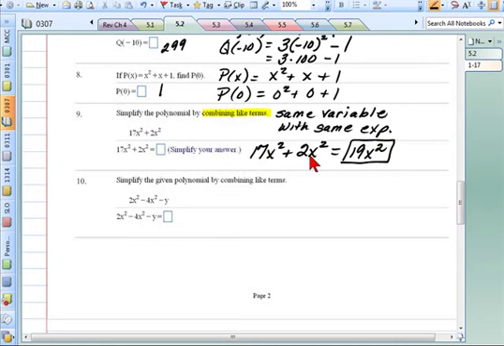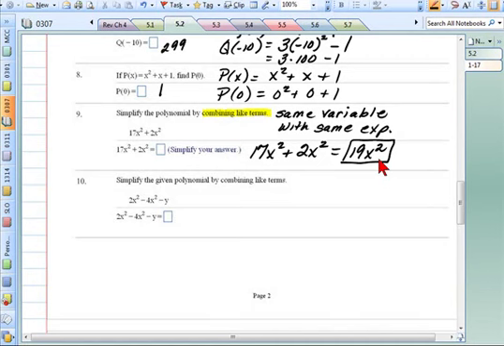Kind of like when you add fractions with a common denominator, you keep the common denominator. You keep this like term. So you're only adding the numerical coefficients, the numbers.